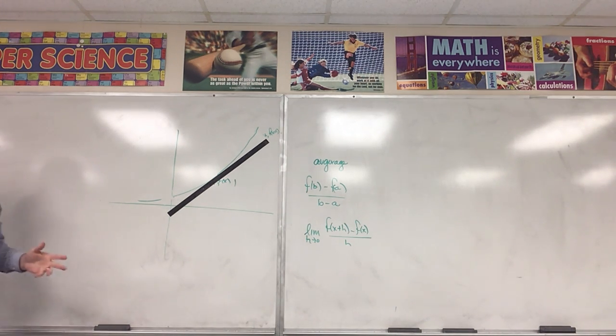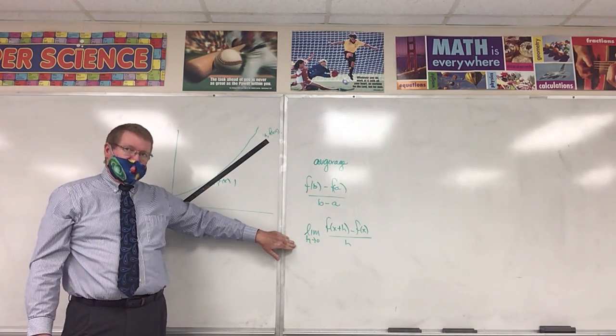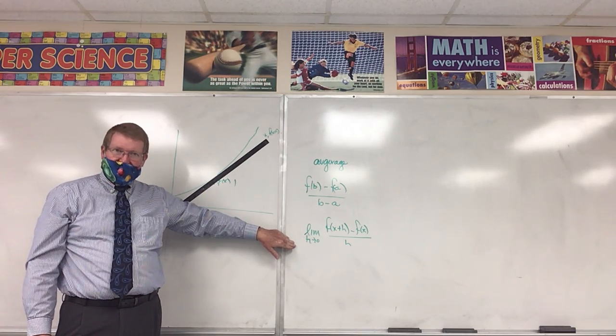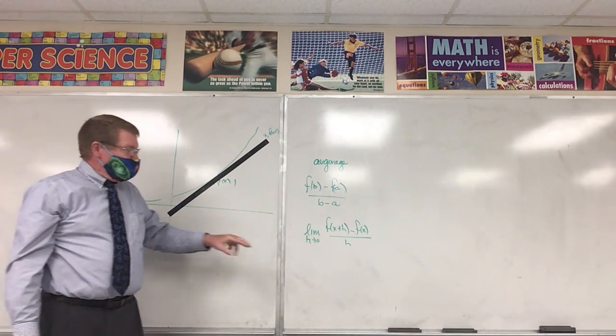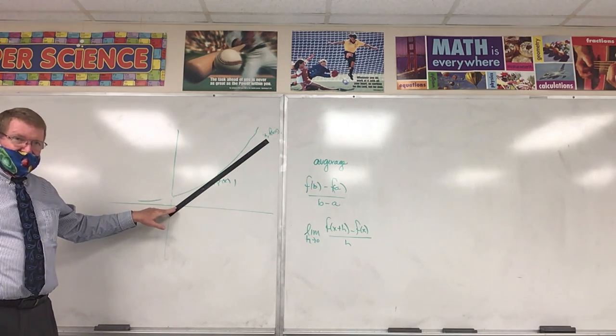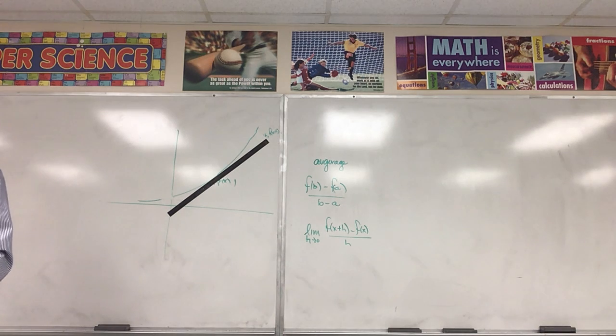Right? And this slope of my tangent line, this represented what? The exact, or the instantaneous rate of change. The rate of change at that moment. And if I can find the slope of a tangent line, I can find the instantaneous rate of change.